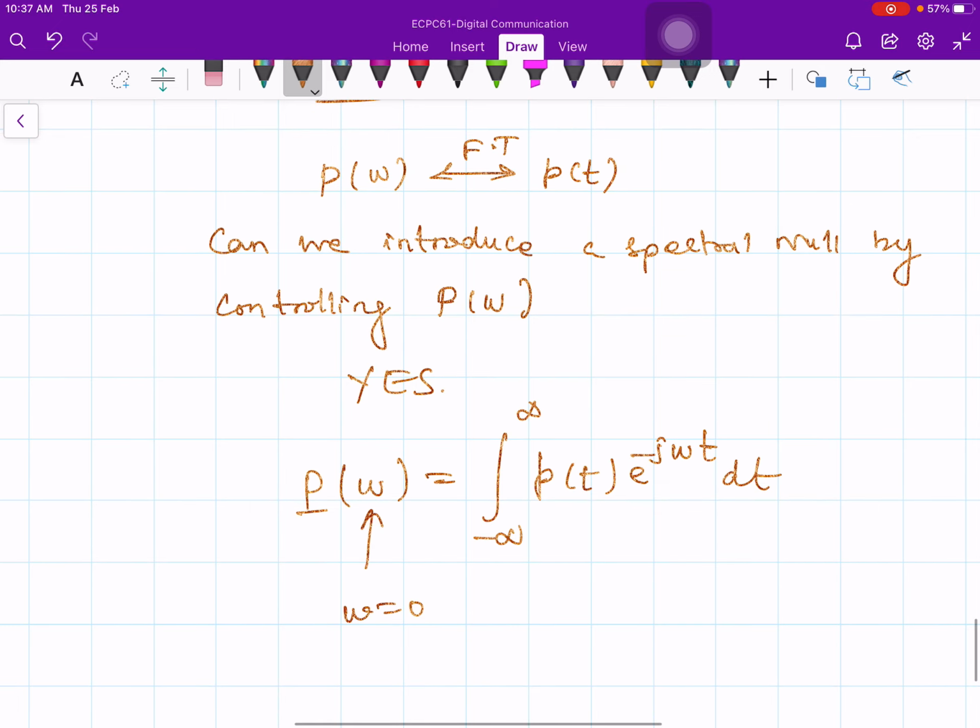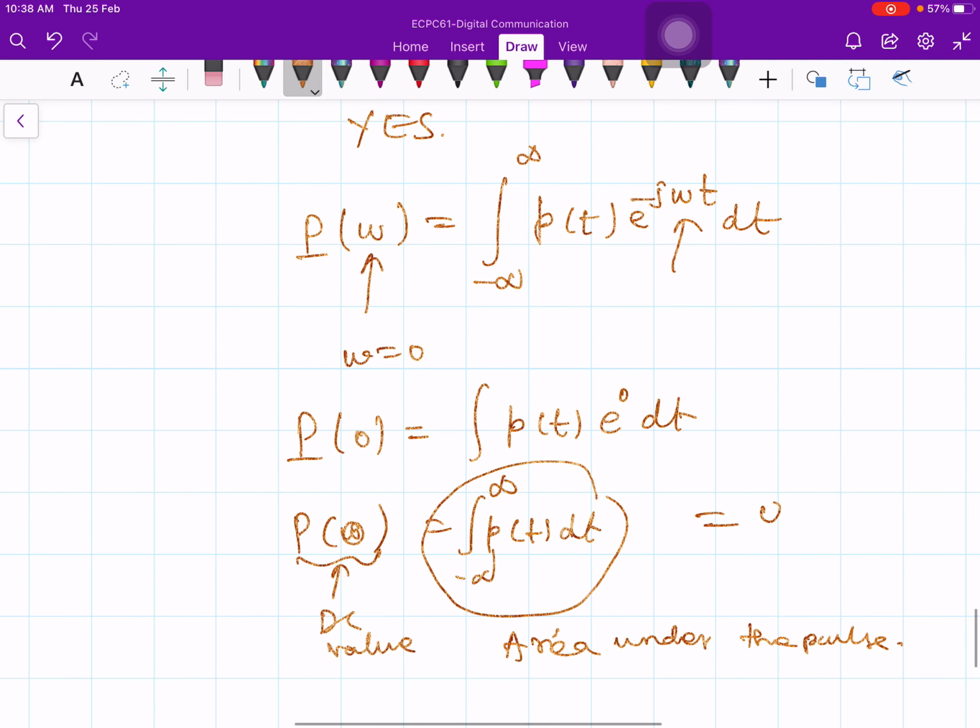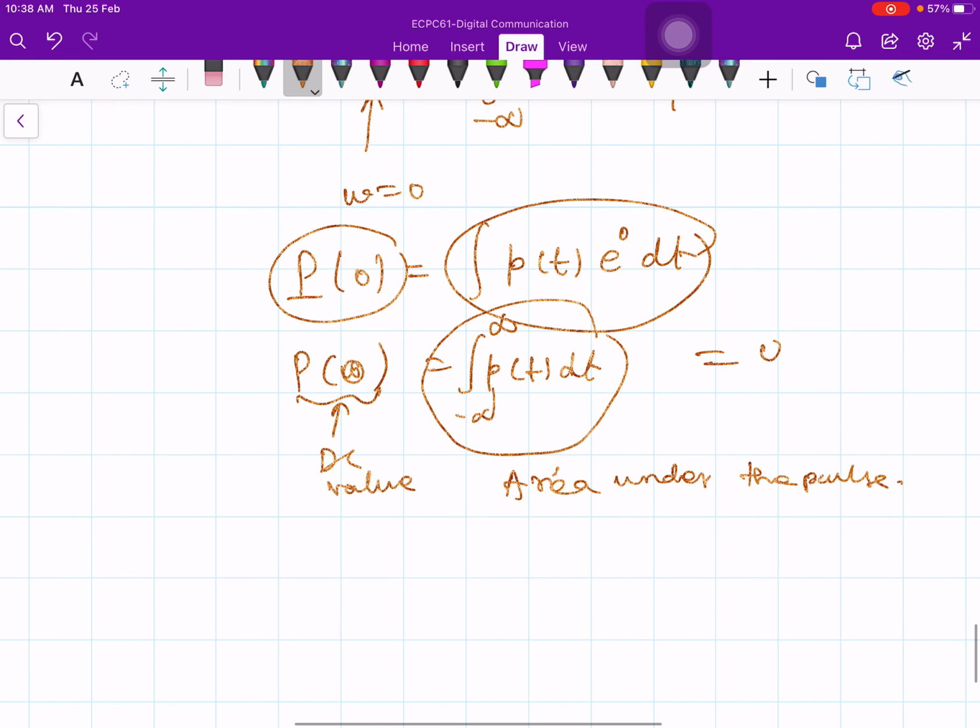Because if you put omega equal to 0 in this expression, this factor disappears. So, P of 0 is essentially the area under the pulse. So, if we can choose the pulse shape such that the net area under the pulse is 0, we will get a spectral null. So, we need a spectral null at omega equal to 0.